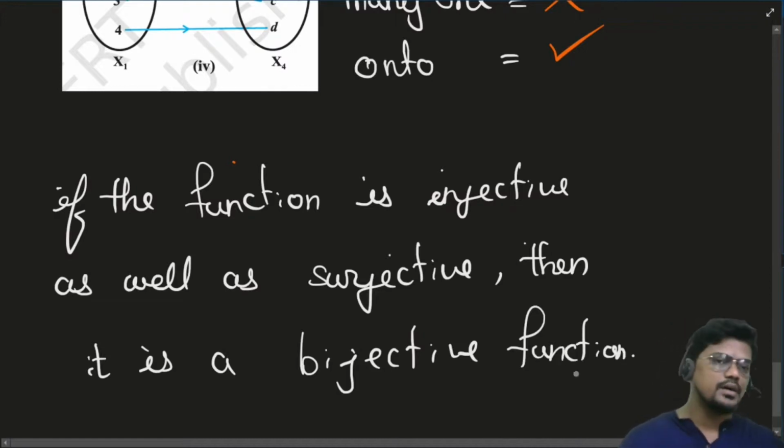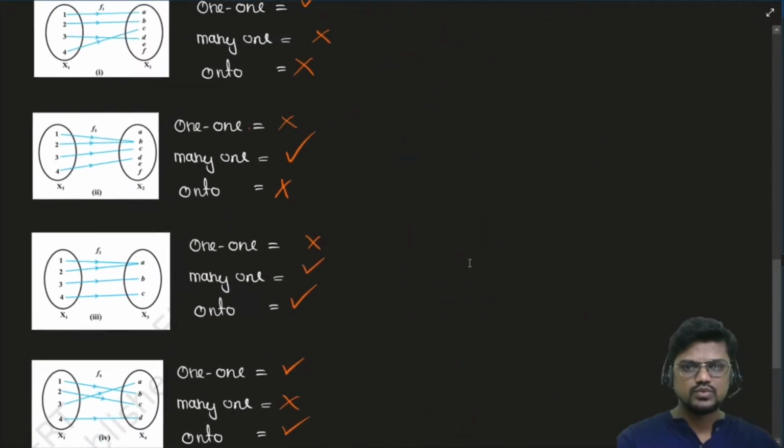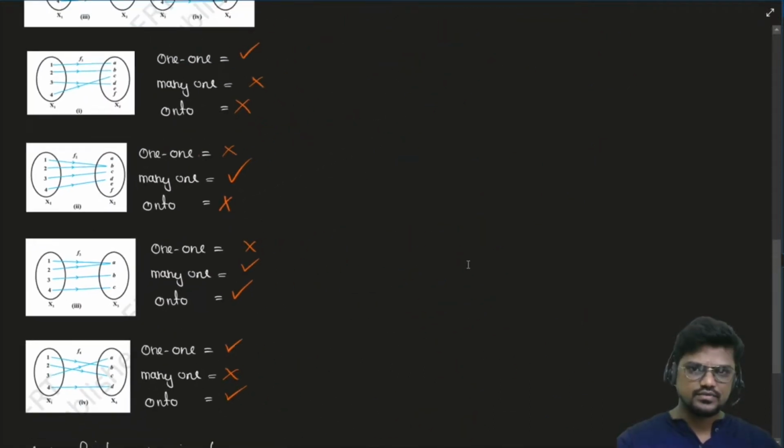It is a bijective function. What we can say is, if the function is injective as well as surjective, then the given function is bijective function. Okay, now you guys tell me from over here which one is bijective: first, second, third, or fourth?